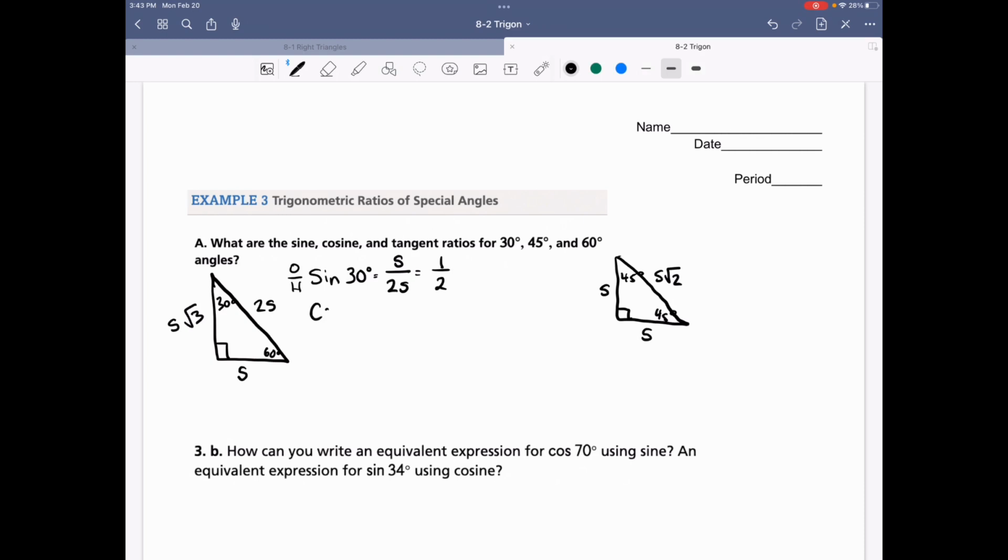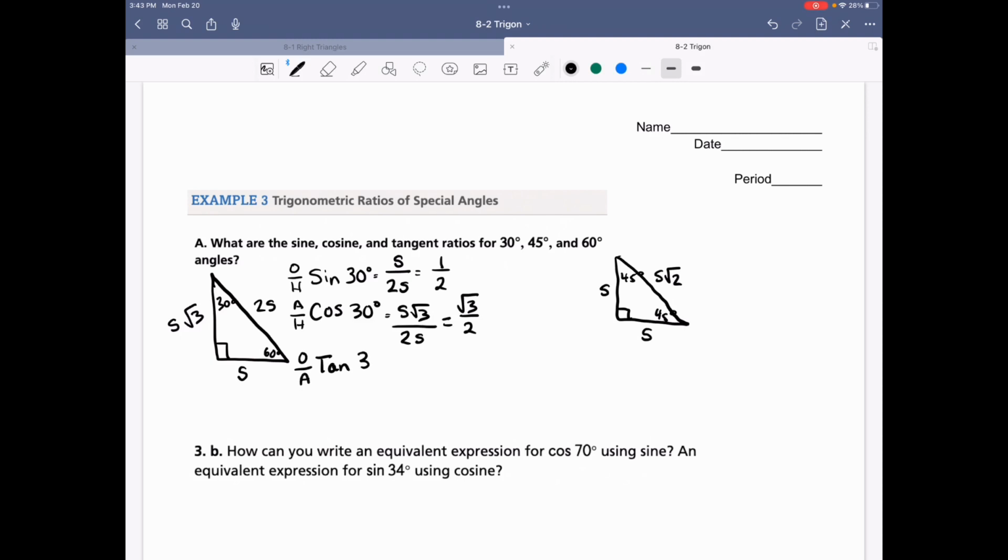And then let's do cosine of 30. Adjacent, which is s root 3, and hypotenuse is 2s. So the s's cancel, so it's always going to be root 3 over 2. That's for the cosine. And then the tangent is toa.